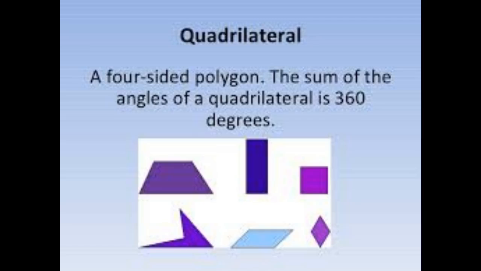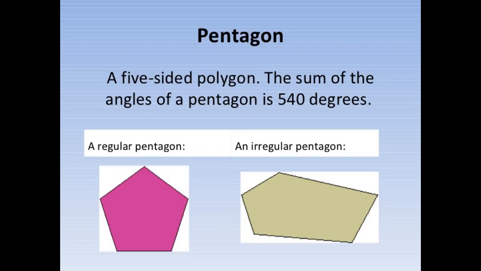Okay, now the second one is quadrilaterals. A quadrilateral is a shape that has 4 sides, and the sum of angles of a quadrilateral is 360 degrees. Fine. Okay, the next one is pentagon, a shape that has 5 sides, and keep in mind that the sum of interior angles of a pentagon is equal to 540 degrees.